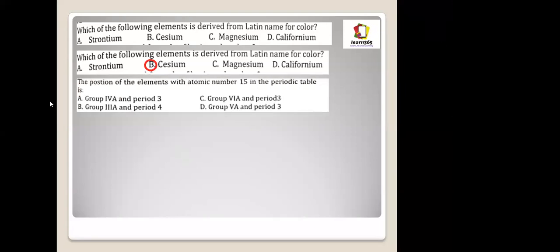Next question. The position of the elements with atomic number 15 in the periodic table is? Don't answer now. Wait, don't answer. Wait. Oh, Janet, wait. Start.